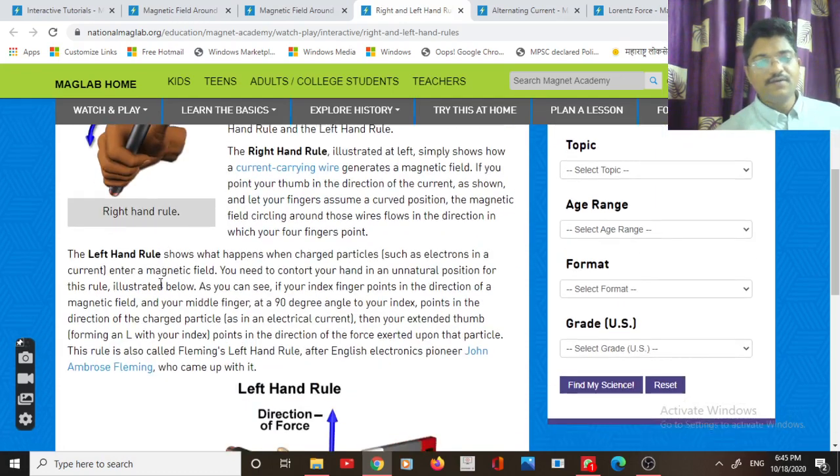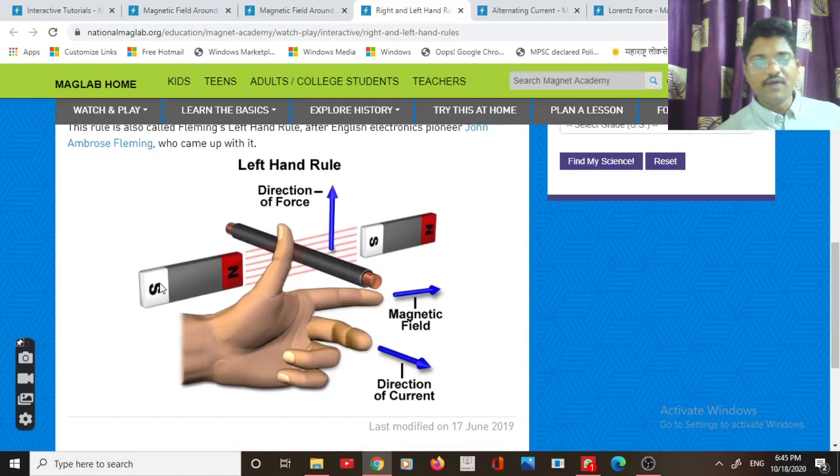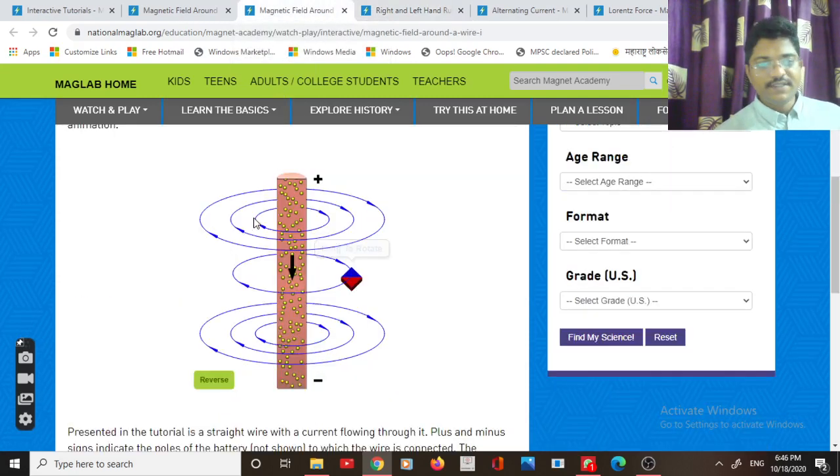There is a left hand rule which is used in the DC motor to identify the direction of the force, that we are going to also see. So this is one of the good simulations, how you can get the direction of the magnetic field.